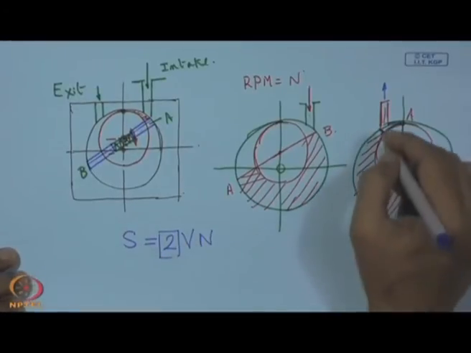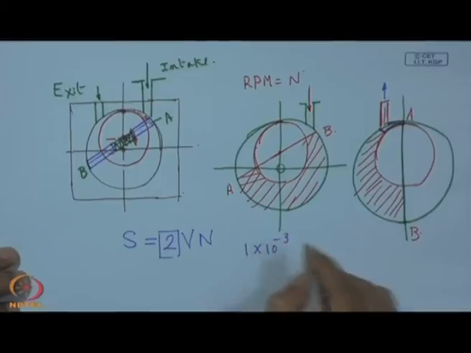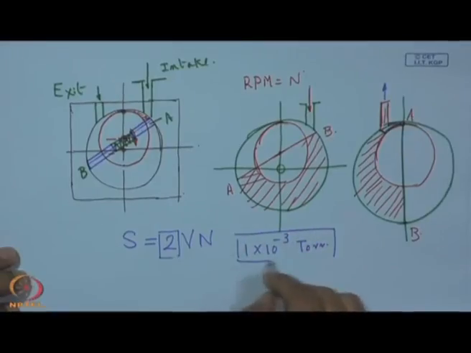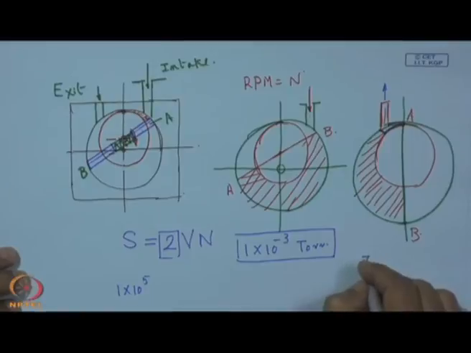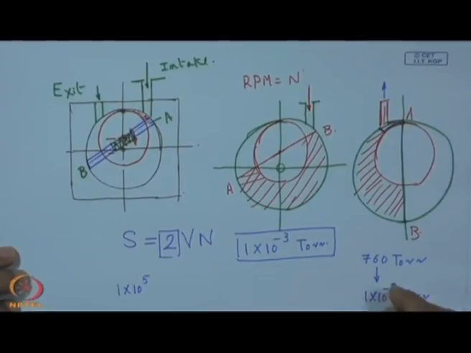Now, here what happens? This is actually the dead volume. Now, if we are interested to get down to a pressure of 1 into 10 to the power minus 3 torr, then we must have a compression ratio of at least 1 into 10 to the power 5, because of the simple reason, from 760 torr we have to get down to 1 into 10 to the power minus 3 torr, and rounding this off to 1000 we get 10 to the power 2.